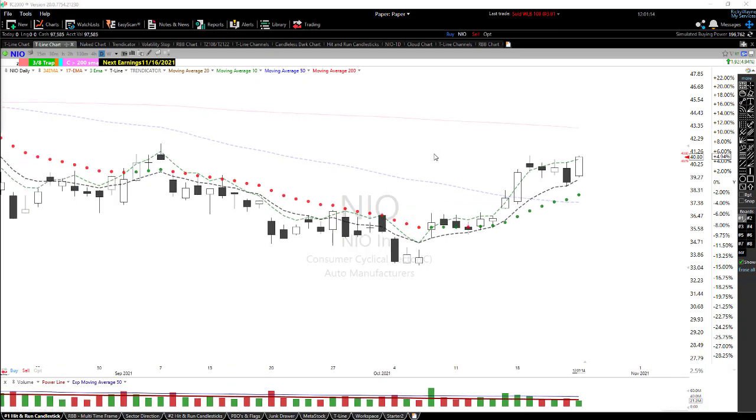So I will keep an eye on that. But I can tell you, here's some things that I have built into some, not all, of the scans I use. Things I might have is the Trendicator trending, and it is, and then a rise and a pullback into the 3/8 trap. The 3/8 trap is this area right here.